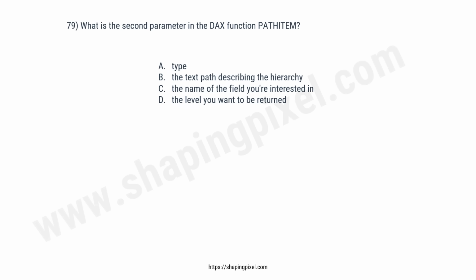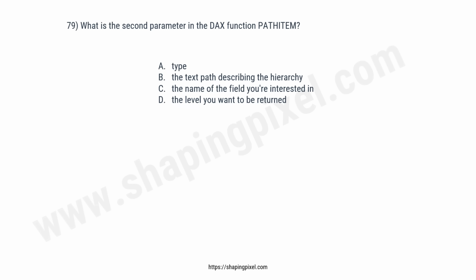Question number 79. What is the second parameter in the DAX function path item? And we have four options. Option A, type. Option B, the text path describing the hierarchy. Option C, the name of the field you are interested in. Option D, the level you want to be returned.